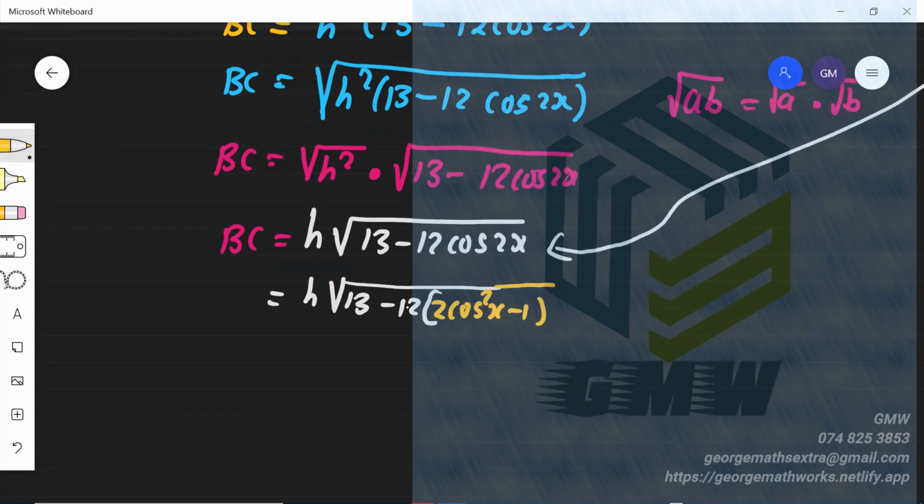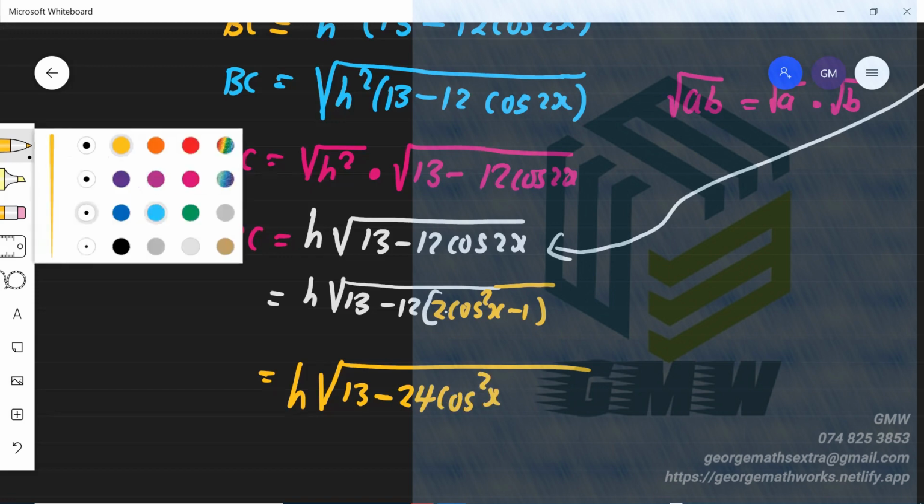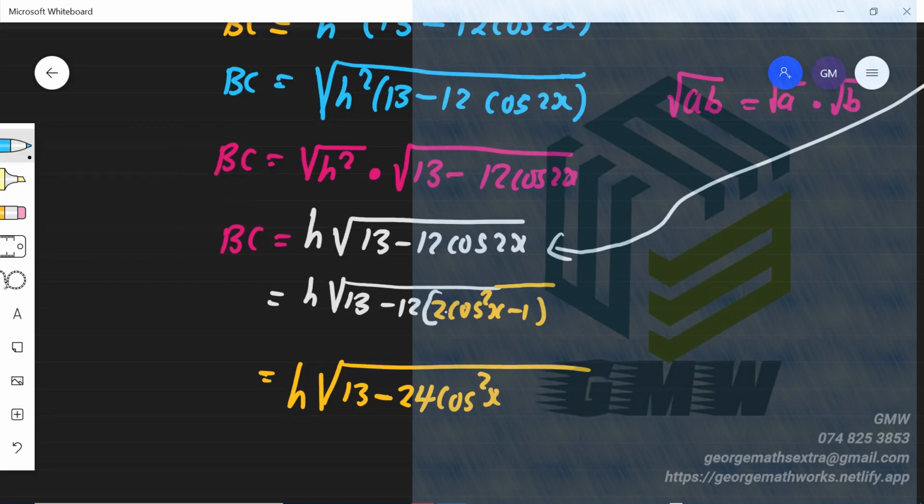Which means h square root of 13, then negative 12 times 2 is negative 24 cos squared x. Then negative 12 times negative 1 is plus 12.